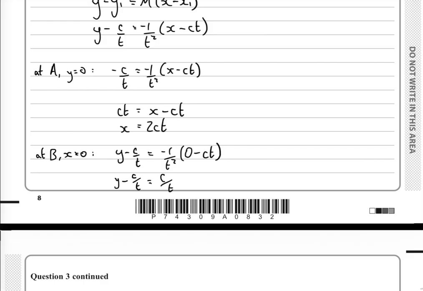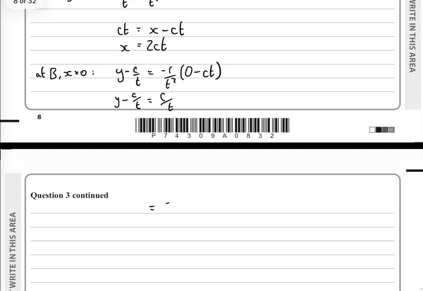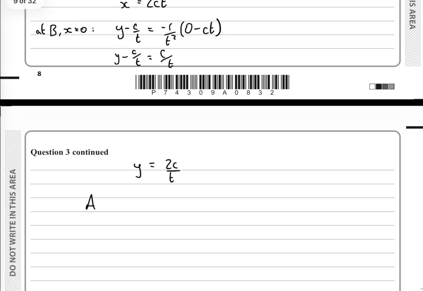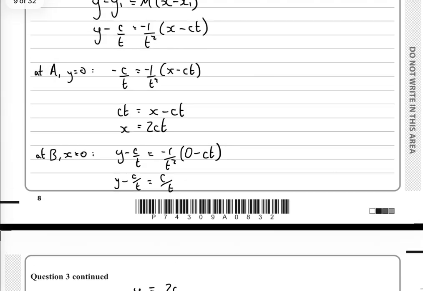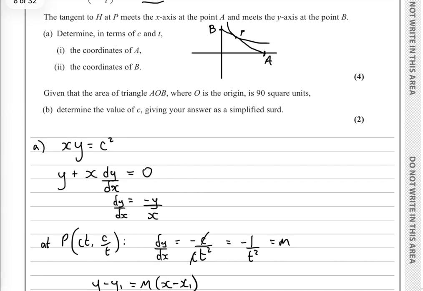Oh, and the same thing is going to happen. We're doubling up, 2c over t. So A, the x coordinate was 2ct, 0, and B, 0, 2c over t. And those are the coordinates of the 2 points where that meets the axes.